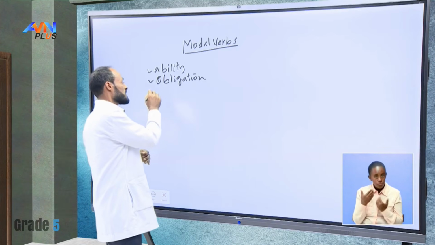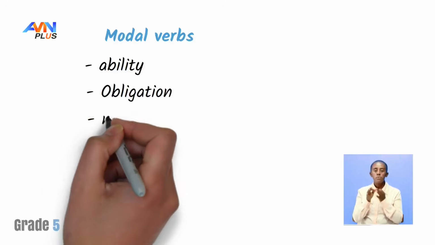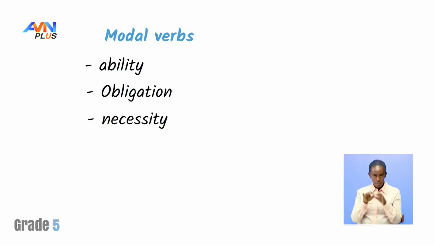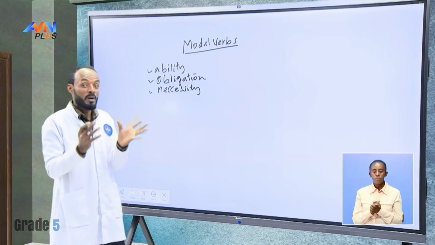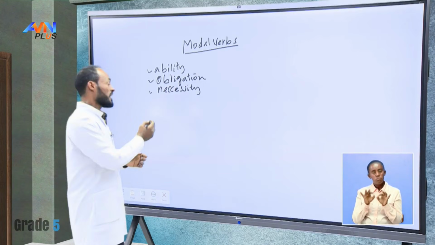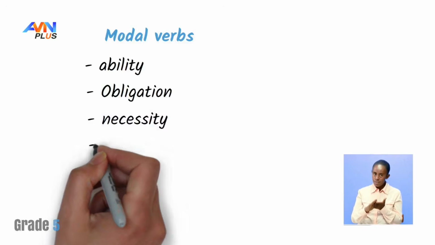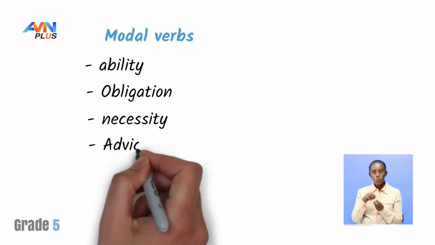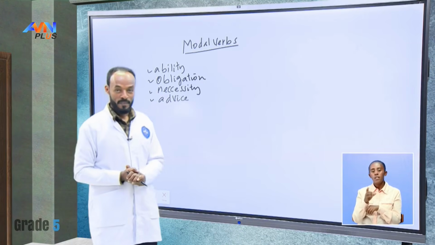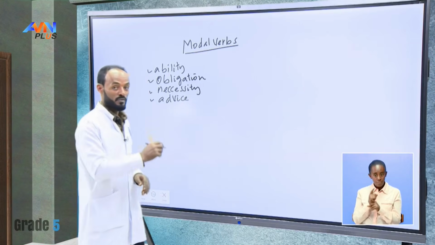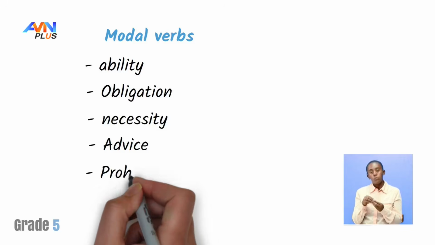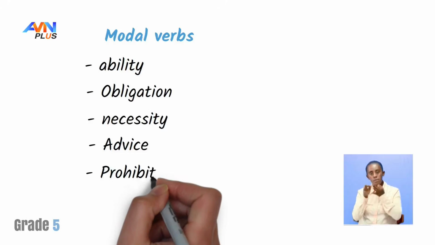We can use them to express necessity, to show us something is very important or necessary. Is it clear? Nice. And that's how we can use modal verbs to talk about advice. Not only that, we can also use them to express prohibition.